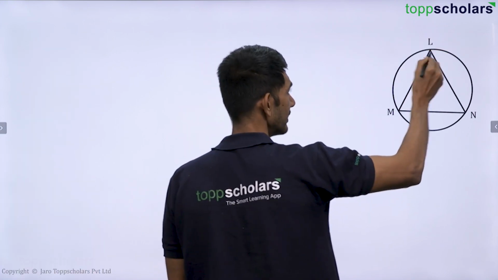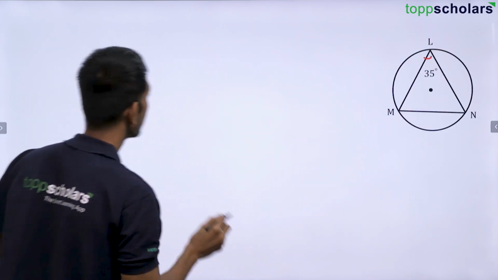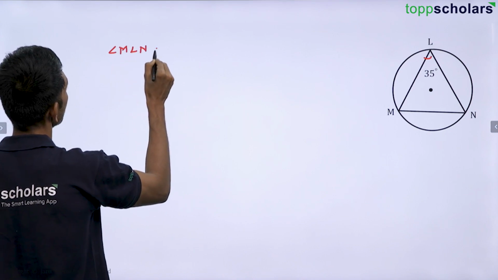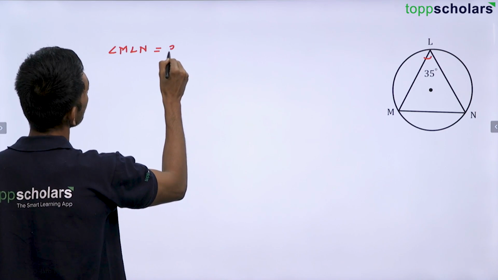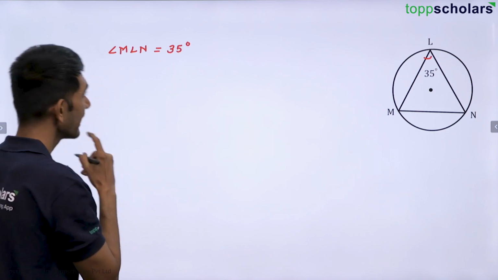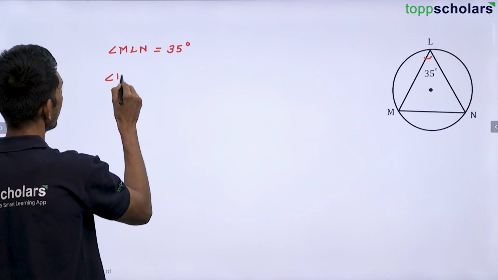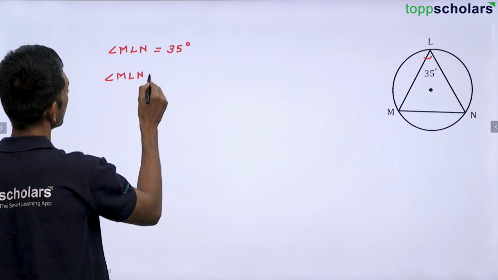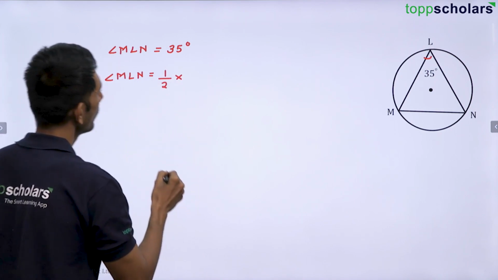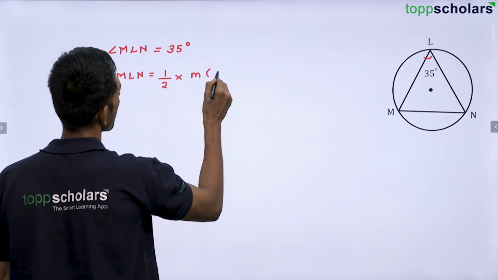So this is given: angle MLN is equal to 35 degrees. This is given, correct? So can I say angle MLN is half of the measure of arc MN?